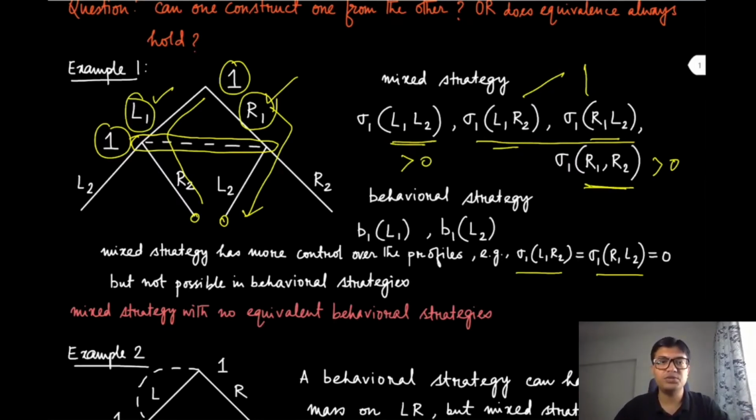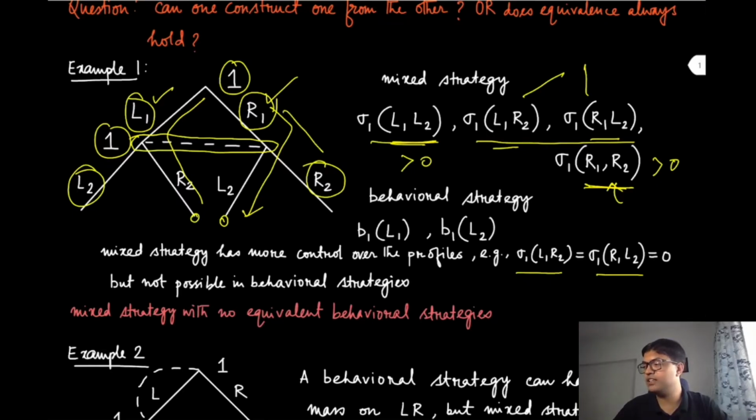At the same time, because L1 L2 is positive, you'll have to put positive masses here, and because R1 R2 is positive, you will also have to put positive masses here. So the very fact that you have put positive masses on these four edges means the behavioral strategy will also put positive masses on these outcomes.